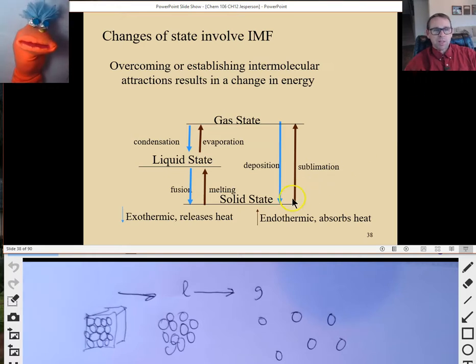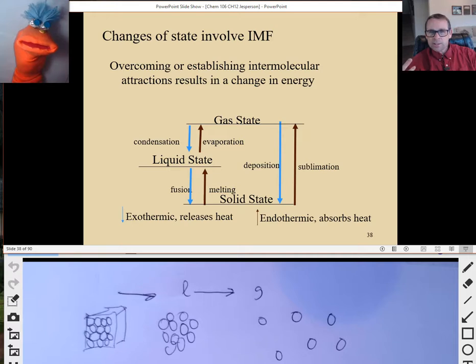Okay, so you see these endothermic processes. Any process going from solid to liquid or liquid to gas or even solid right to gas, any process that has to overcome those intermolecular forces requires energy to be put in. On the other hand, when something condenses or something fuses, liquid to solid or deposits, gas to solid, those processes are exothermic.